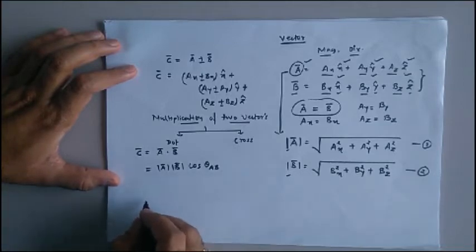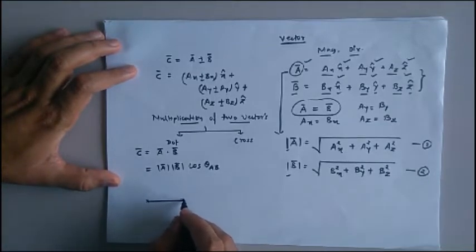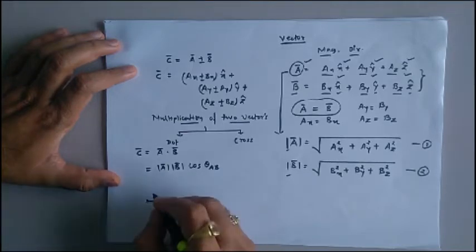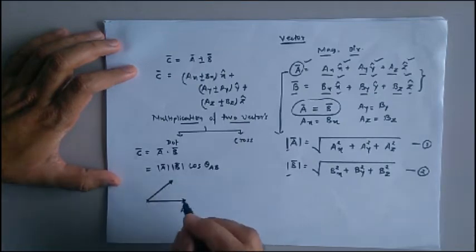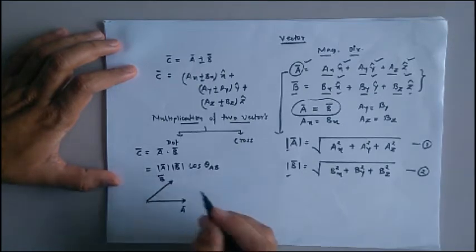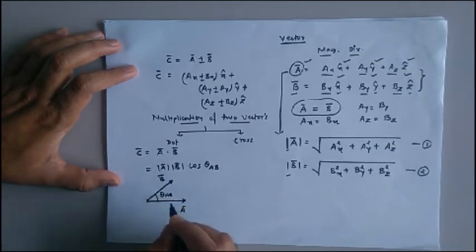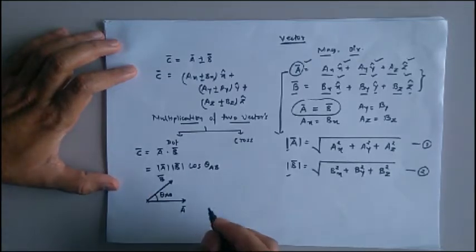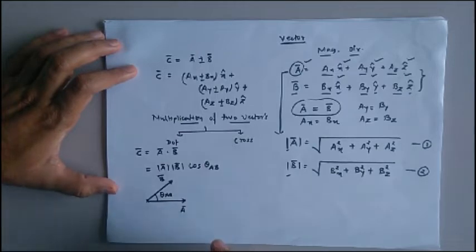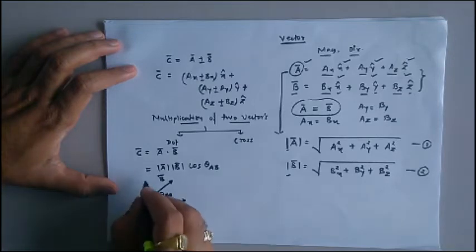That means graphically we can write like this. Suppose here this arrow with magnitude indicate vector a bar, and this arrow with magnitude indicate vector b bar, and this is theta ab, that is the phase angle between vector a bar and b bar. So here we can write, or we can split this a bar into two components.